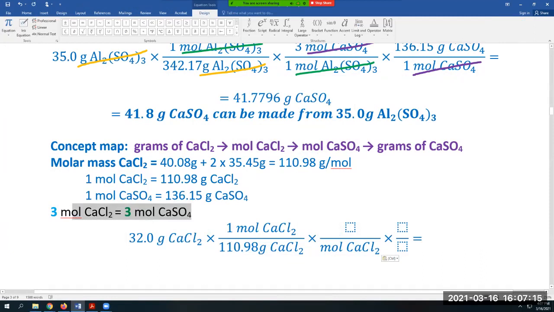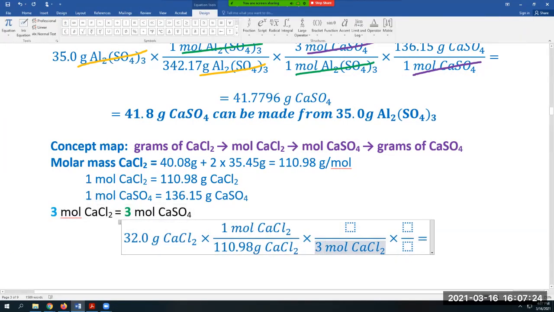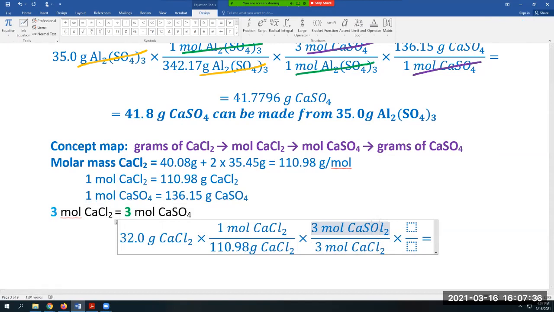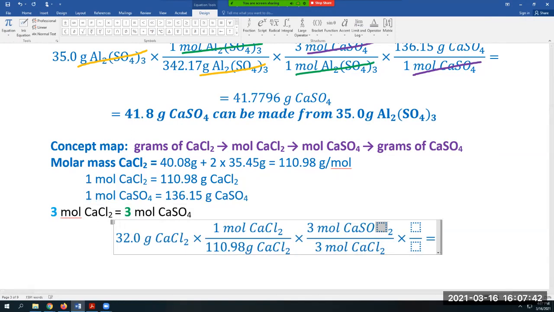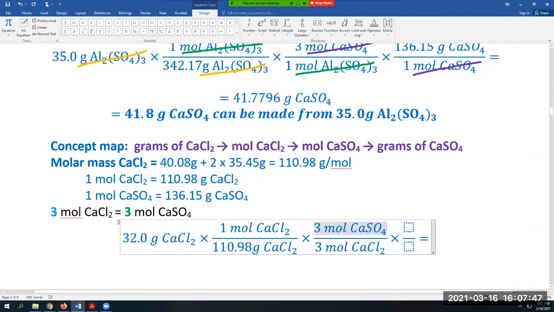And the equality we are using now is that 3 moles of calcium chloride equals 3 moles of calcium sulfate, CaSO4. 3 moles of calcium sulfate are made from 3 moles of calcium chloride, right? We need to show those 3s.